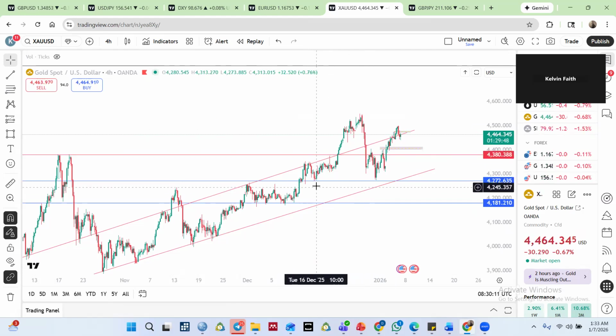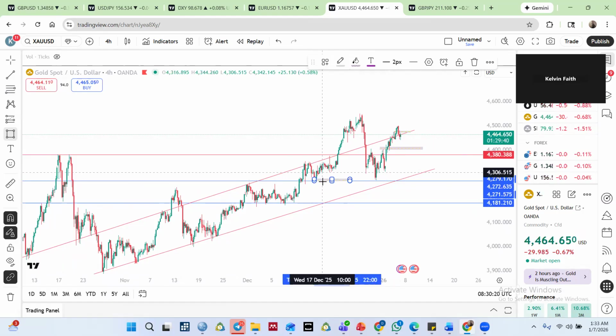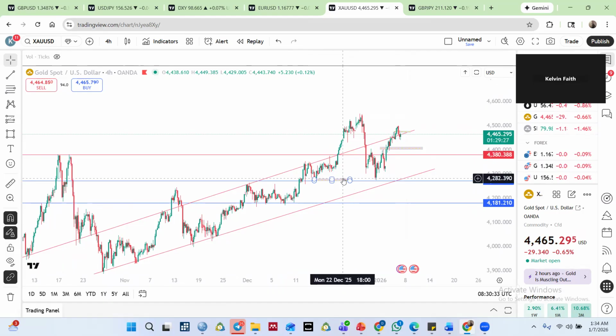So the last lower high before we got the break of the previous all-time high was here. This area, this point gave us this high. So we need price to come back for a retest. If we are to take down this area, then that will mean we have a break of structure.